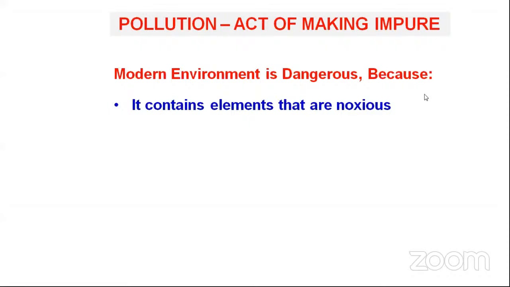Noxious means unwanted, undesired, causing negative biological effect and disease. So our environment always has some man-made pollutants, right? And we should be aware of the quantity and quality of those noxious elements. So environmental studies and pollution studies become extremely important.